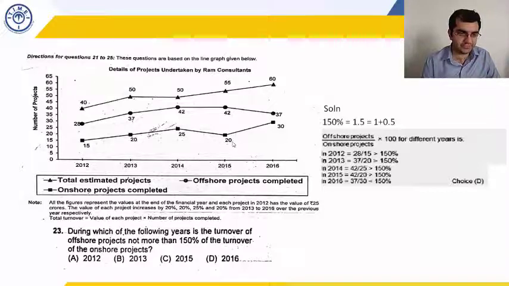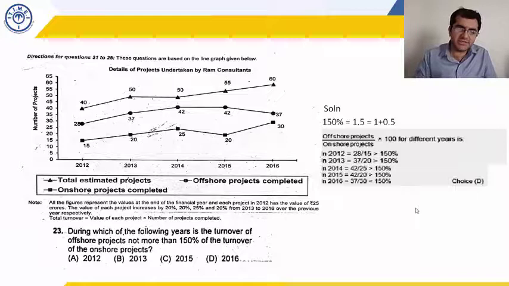Next, you go to 2015. 20 into 1.5 is 30. 42 is more than 30. So again, this is not acceptable. And 30 into 1.5 is 45. 37 is not more than 45. So the answer should be 2016. That is option number D. Please write this down. I will explain it again.